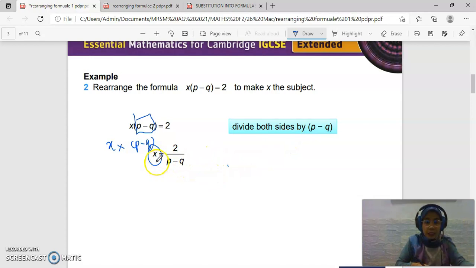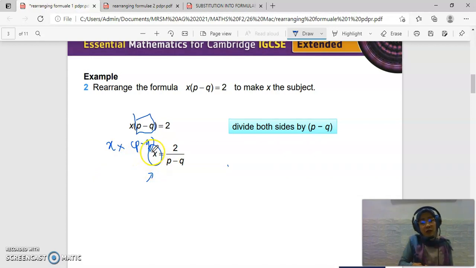So to make an unknown the subject, the coefficient of the unknown must be equal to 1. If the coefficient is 2, 3, 4 or 5, you must make the coefficient equal to 1. For this part, the coefficient of x is already 1, because 1 is invisible.